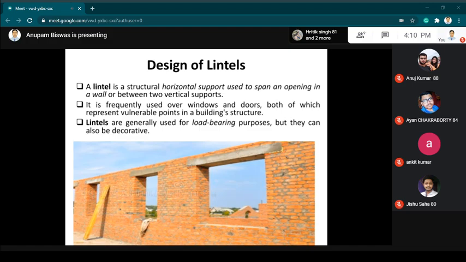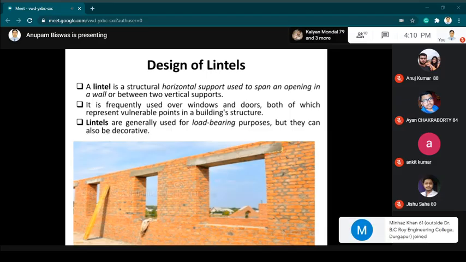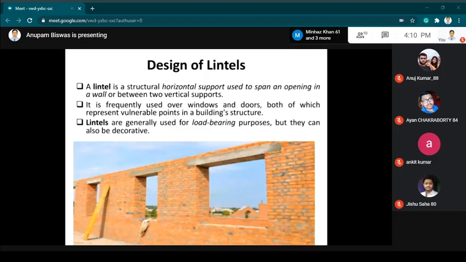The brick masonry constructed over the opening needs a structure that will hold its load, so we provide a supporting structure in the form of a beam, which is called a lintel.